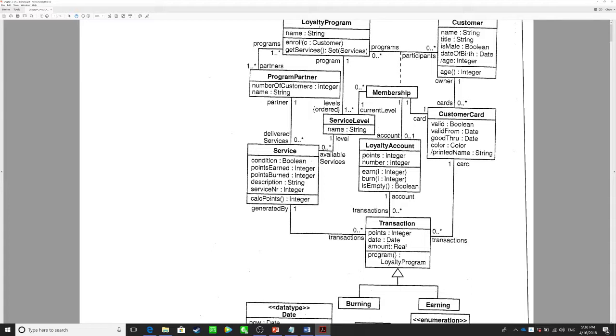But for each program, there's only one loyalty program instance, the object of that loyalty program. All right, so let's assume that way.